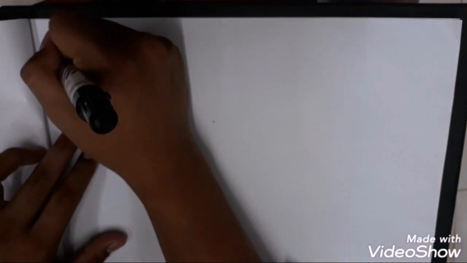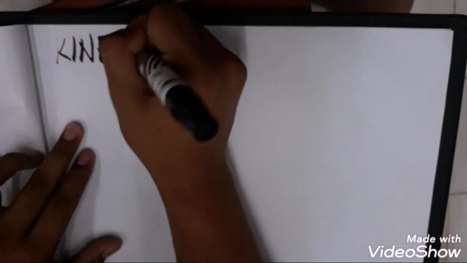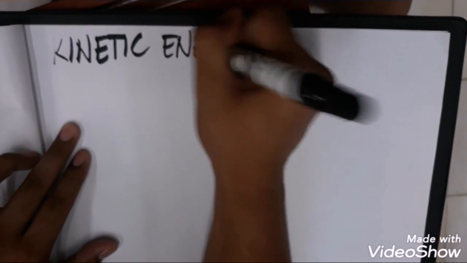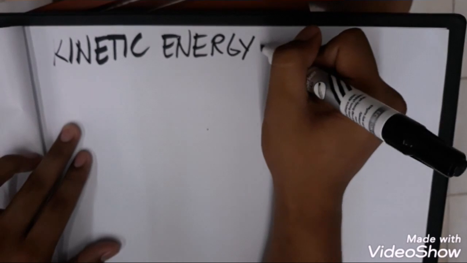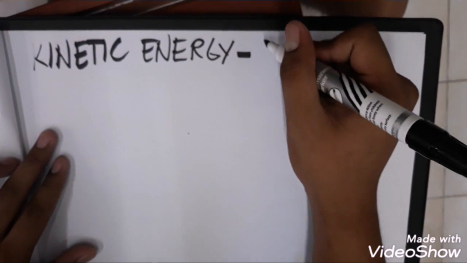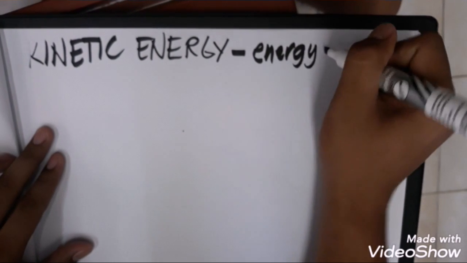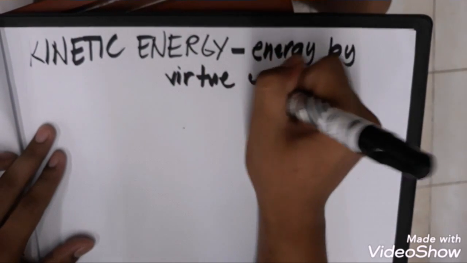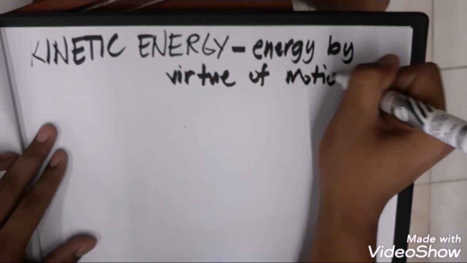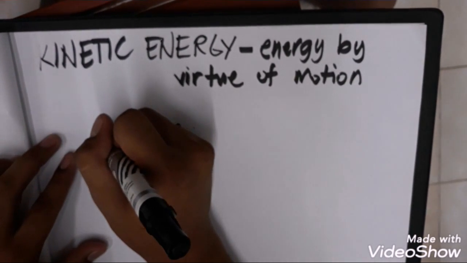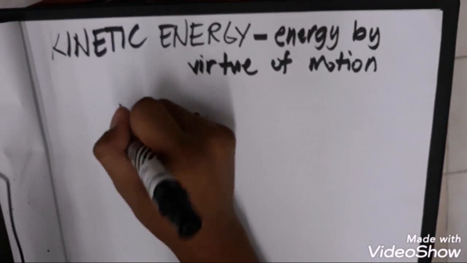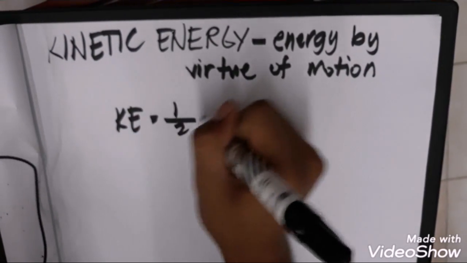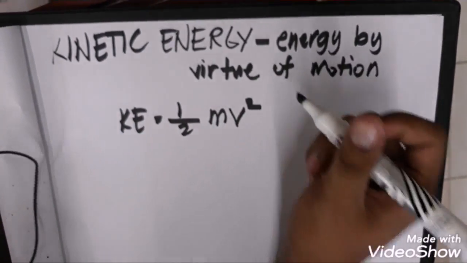So there are two main types of energy, kinetic energy and potential energy. First, the kinetic energy. Kinetic energy is the energy by virtue of its motion. The formula for kinetic energy is 1/2 mv squared.